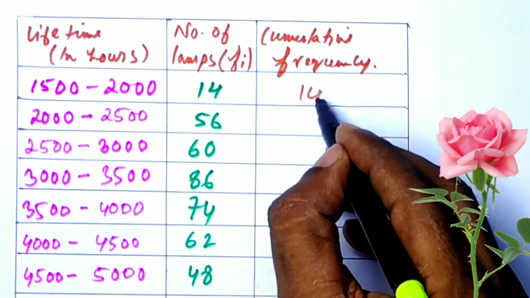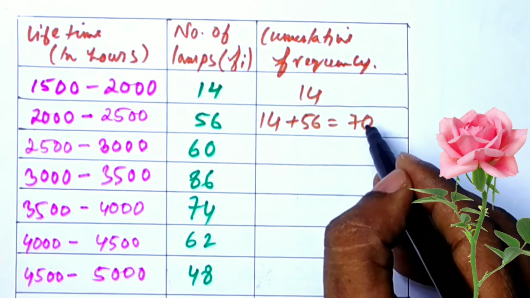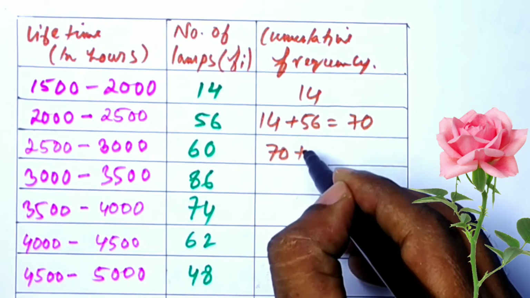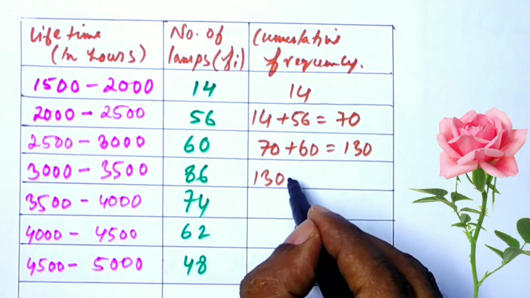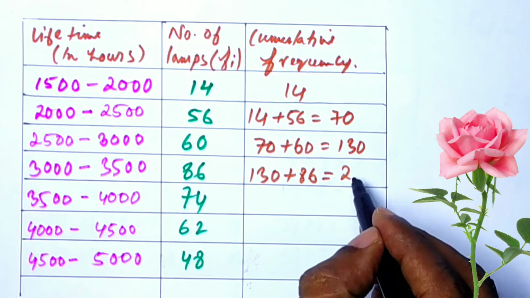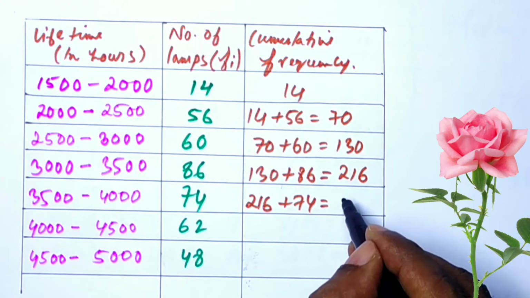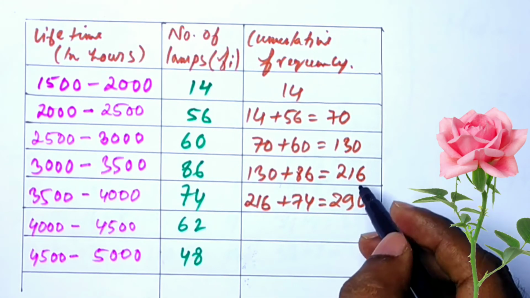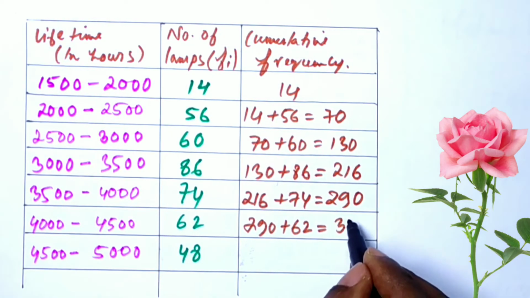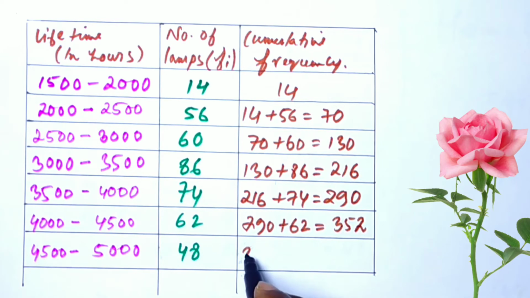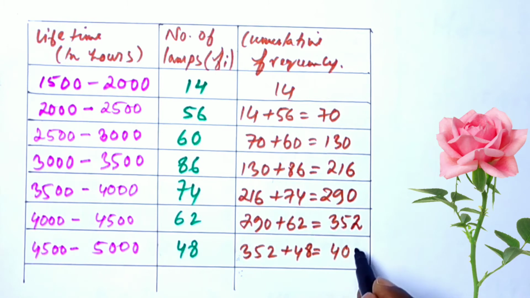We have 14, so 14 plus 56 is 70. 70 plus 60 is 130. 130 plus 86 is 216, plus 74 is 290. 290 plus 62 is 352. 352 plus 48 is 400.